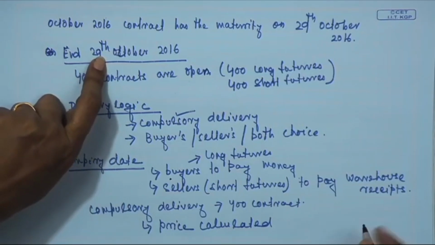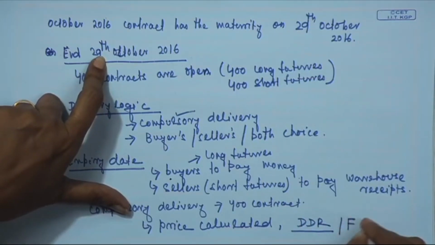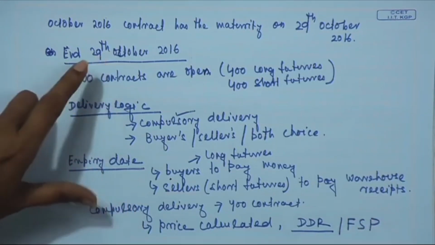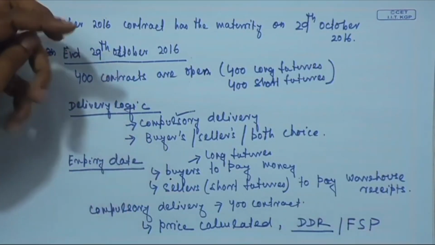If you recall, we had discussed something called the due date rate, DDR, or final settlement price, because on 29th October 2016 we will not have any futures contract.